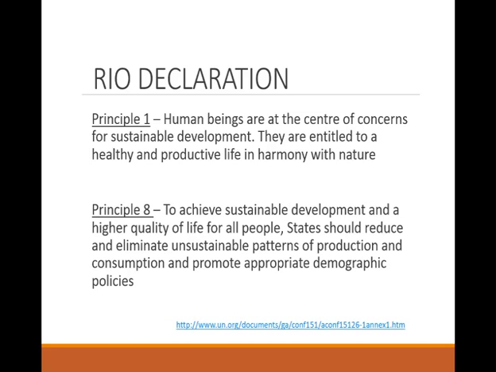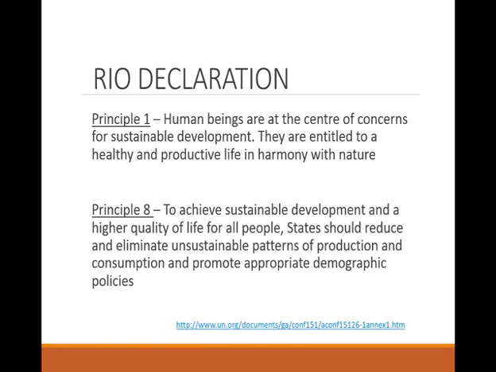There are two principles I really want to draw your attention to in relation to population and consumption. The first principle: human beings are at the centre of concerns for sustainable development, and that is really a question of how much we are consuming, or how many there are consuming things.